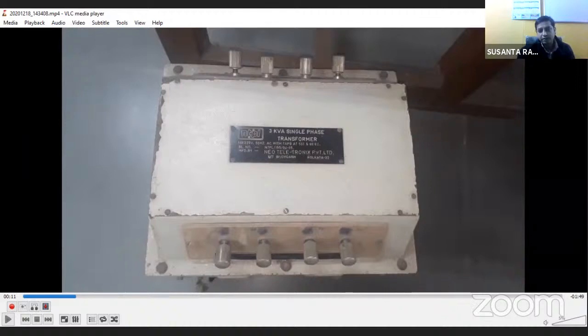The transformer is made by Neo Teletronics Private Limited and it has 8 terminals, 4 terminals each side.